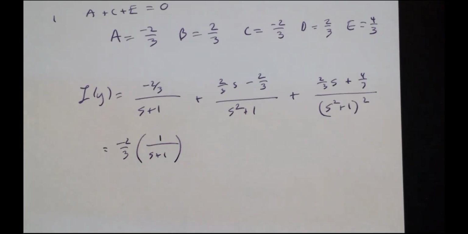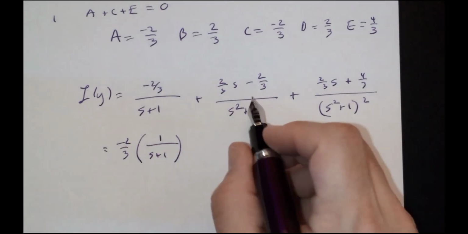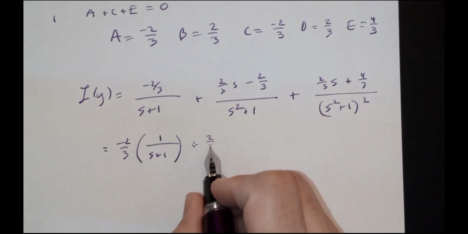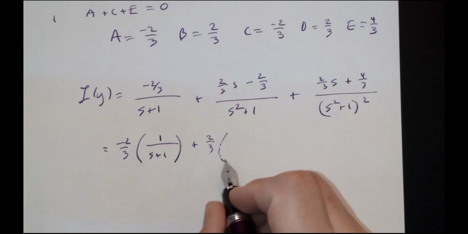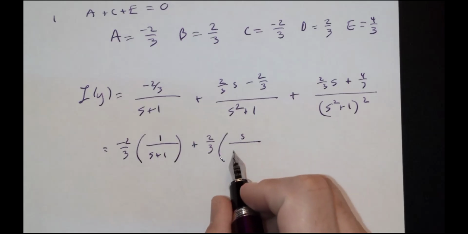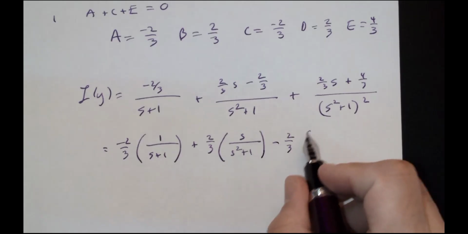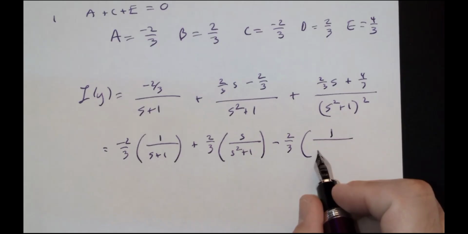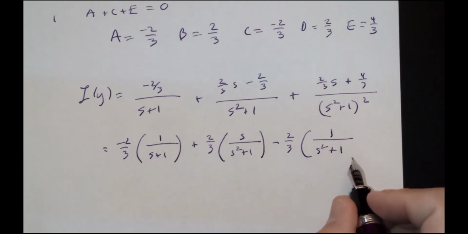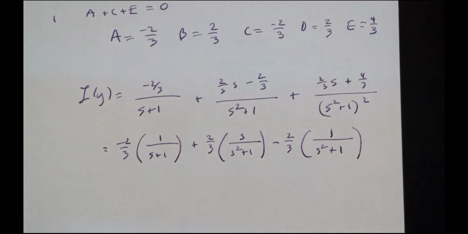Because I know the Laplace inverse of 1 over s plus 1. I'm going to split this into 2 pieces. The s part, 2/3 s, minus the 2/3 1. Then it's this last part.